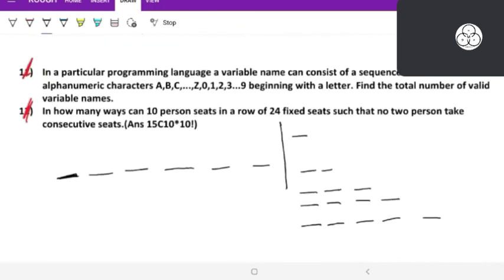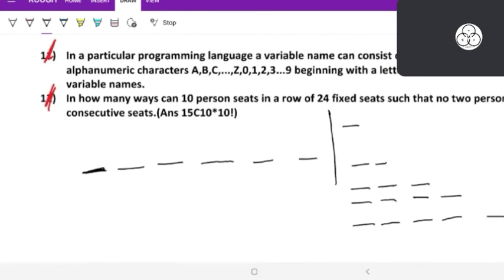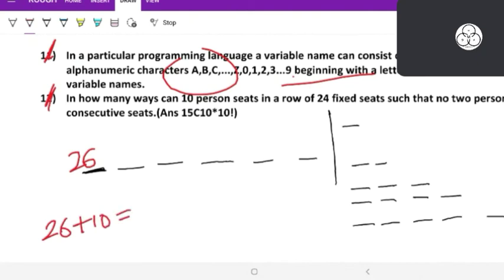We will see the case of the first case. Beginning with a letter, the first letter always is having the alphabets. There are 26 different alphabets, and then it can be alphabet or a number, that doesn't matter. So 26 alphabets are there, 10 numbers are there, a total is 36. From then onwards it's 36, 36, 36, 36, 36.